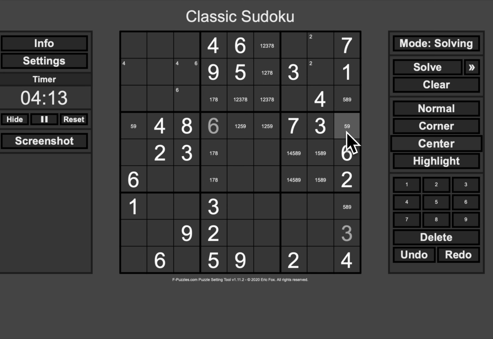So these are now down to a 5, 9 pair, which means these cells can't be 5 or 9. So that's down to 1 or 2. I wish I could eliminate 8 from one of these cells, but I don't think I can do that just yet.